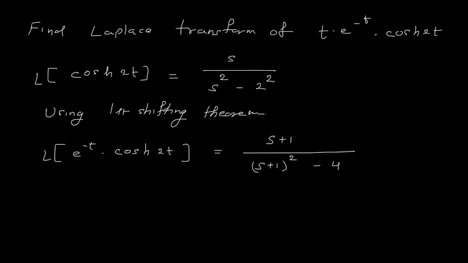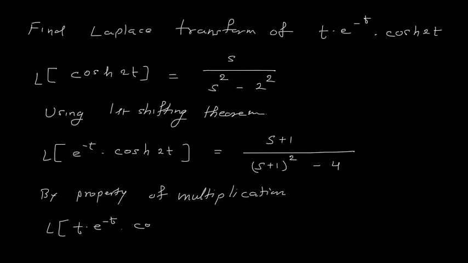Then by using the property of multiplication by t, we say that Laplace of t into e power minus t into cos hyperbolic 2t is equal to (-1) power 1 into d by ds of (s plus 1) upon, if I expand it, s square plus 2s plus 1 minus 4, which is minus 3.